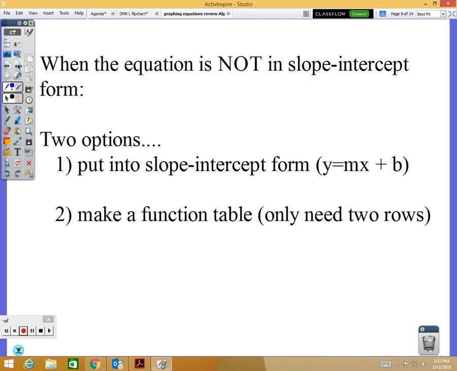So I'm going to solve them all this first way because that's really the way they want you to be solving it in algebra. But you do have the option of making a function table. Maybe you choose 0, 0 and you plug that in for x and y. And maybe you choose 1, 1 and you plug that in for x and y. And then you solve it from there. I would focus on this one though, okay? This is kind of like a last resort, the second choice.